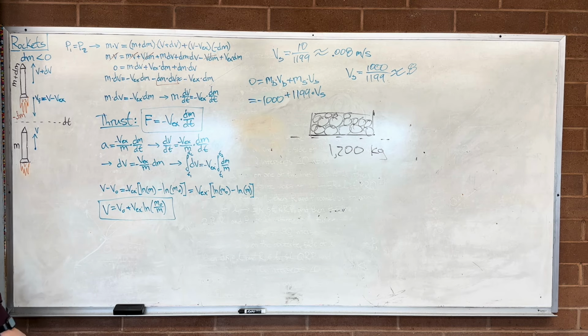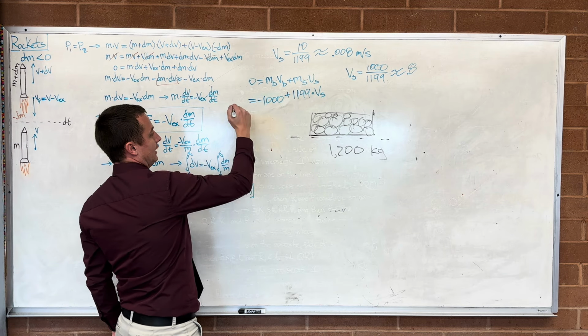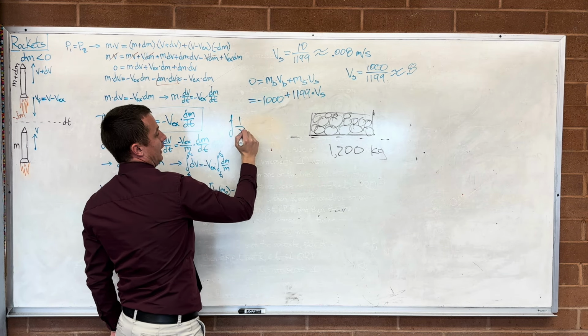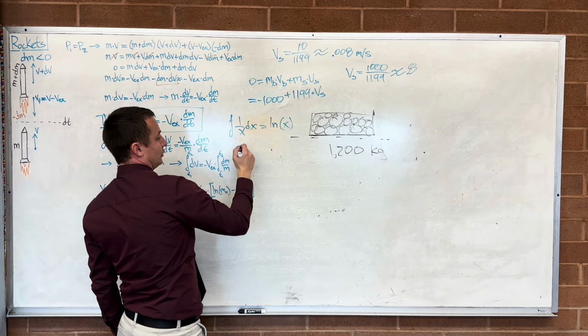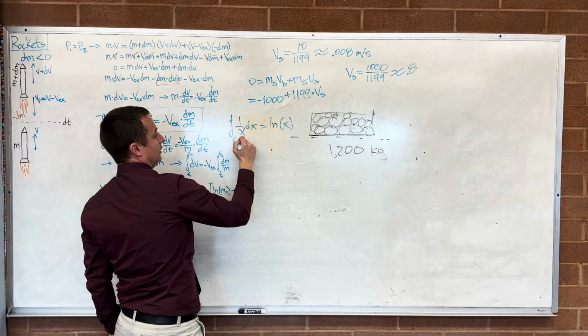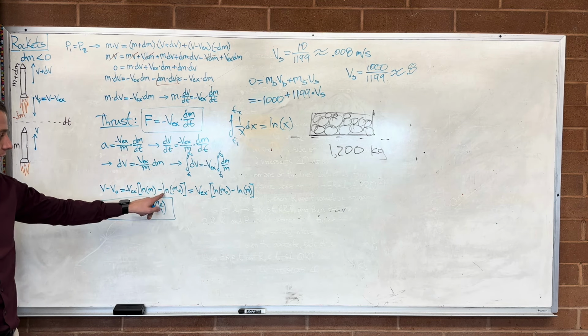And then, what's the integral of 1 over x dx equal to? Natural log of x, perfect. And so if we're doing this from time 1 to time 2 for our mass, it's going to be the natural log of our final mass minus our initial mass.